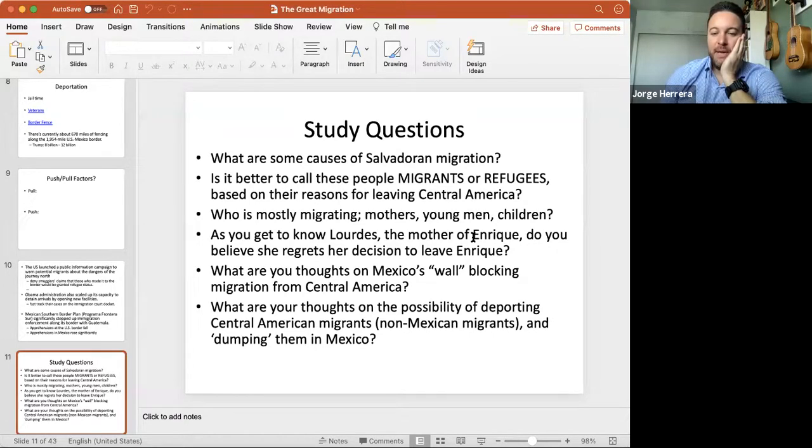And Enrique's mother, towards the end of the book, says one of my biggest regrets was sending him, because I lost the only thing I had with my son. We didn't have food, we didn't have clothing, we didn't have nothing, but we had love. That's the only bond that we had with each other. And that was lost.